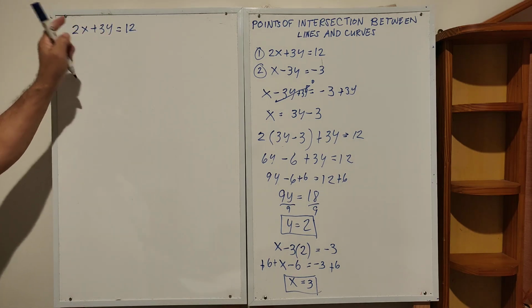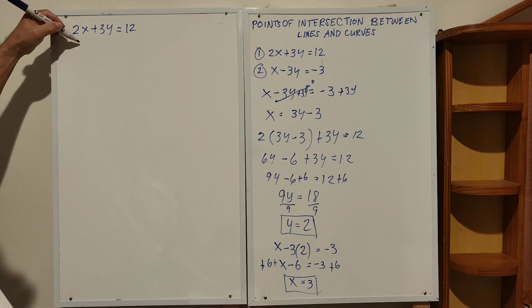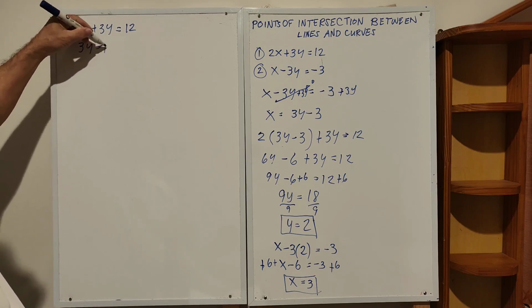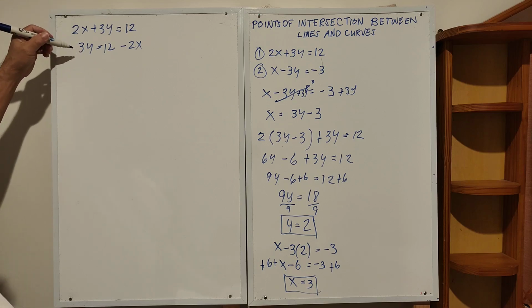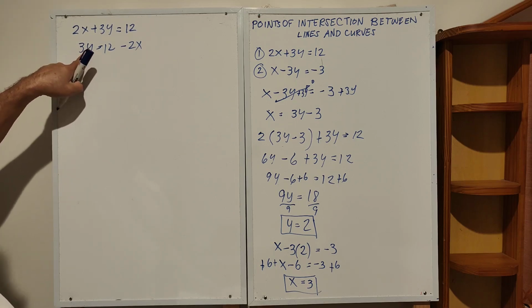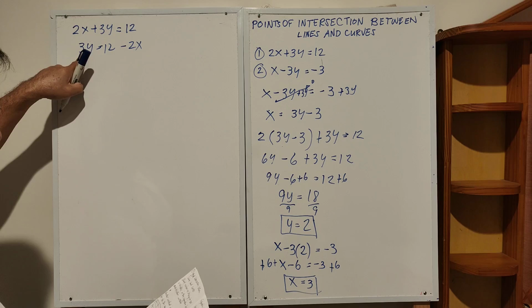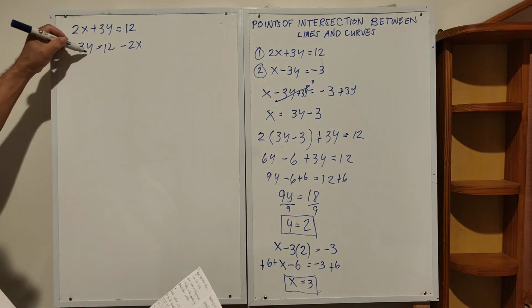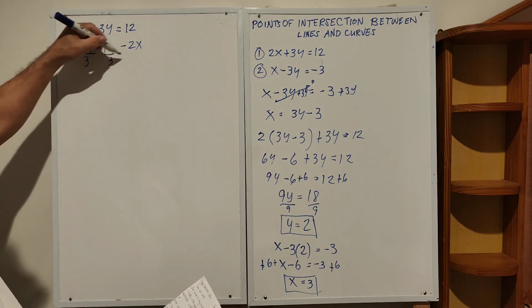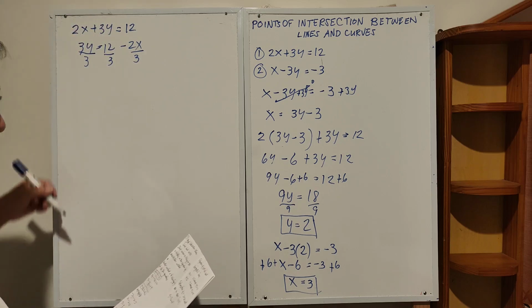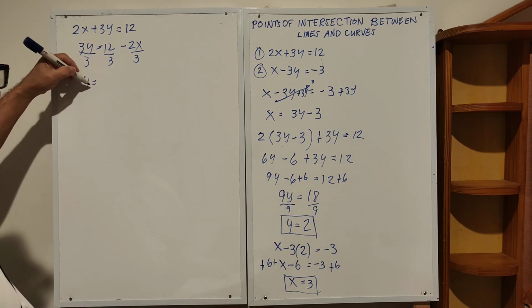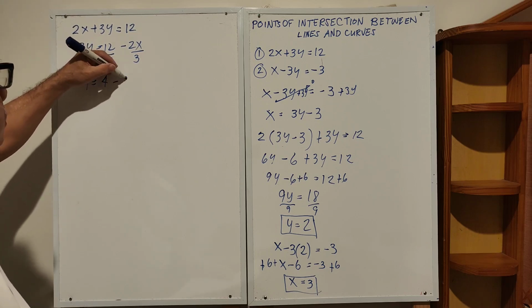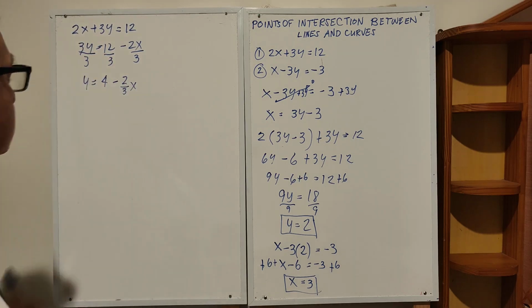I'll just use a shortcut and transpose. So 3y is equal to 12 minus 2x. And then to remove 3 from 3y, we have to divide by 3 on all of them. So y is equal to 4 minus 2/3 x.